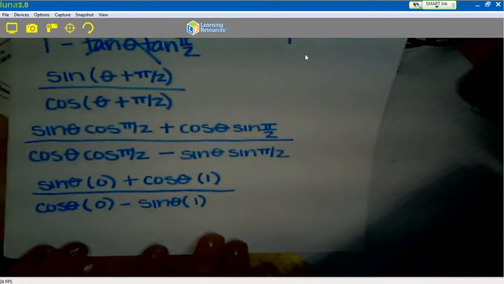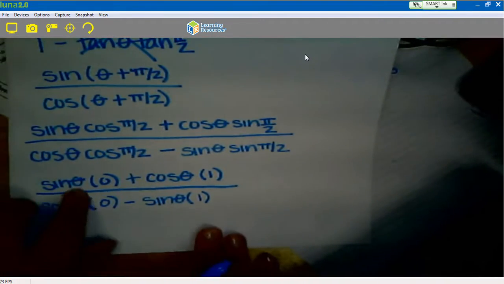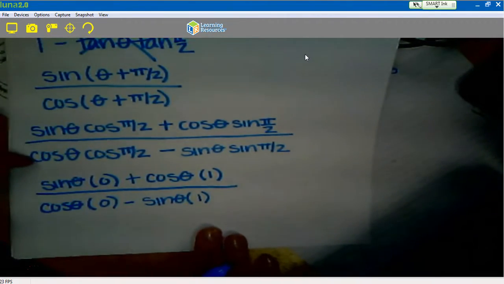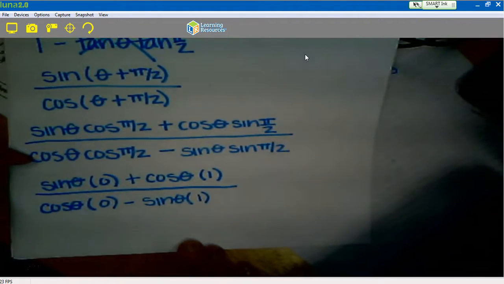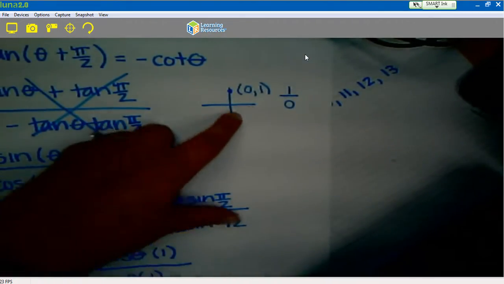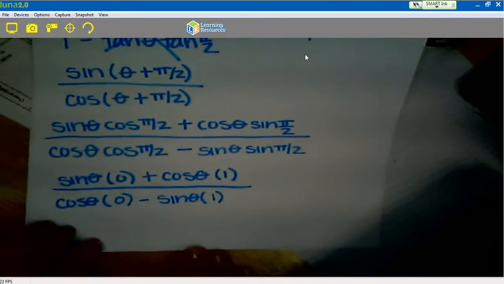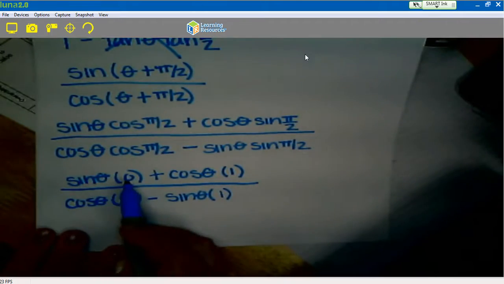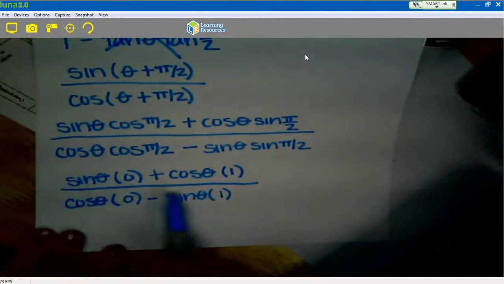Okay, sorry about that. So we expanded out the numerator, expanded out the denominator, then we replaced our functions with the pi over 2 with their values using the 0 and the 1. So sine theta times 0 cancels out.